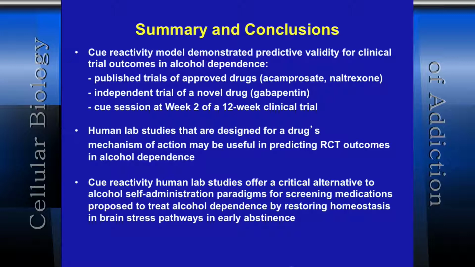But if you're really using what we know about the neurobiology of alcohol dependence and its effects on the HPA axis and the cascade of effects from there, and you're really positing that you're using a drug to unroll some of those effects, well then you don't want to see, let's see if it affects how many drinks they take.